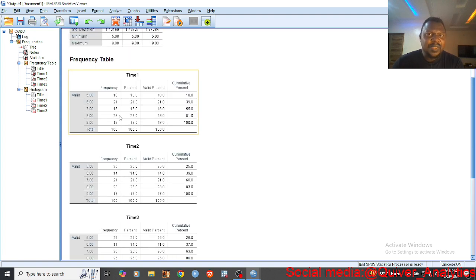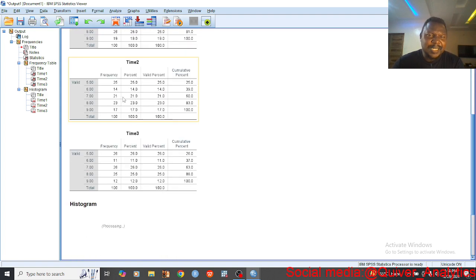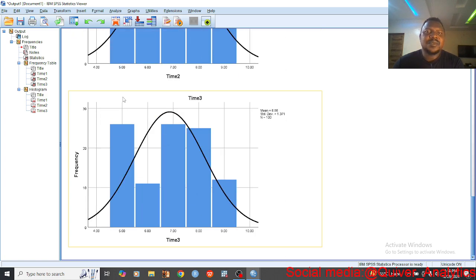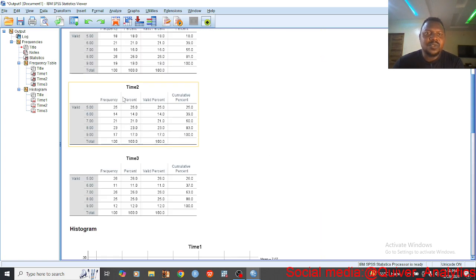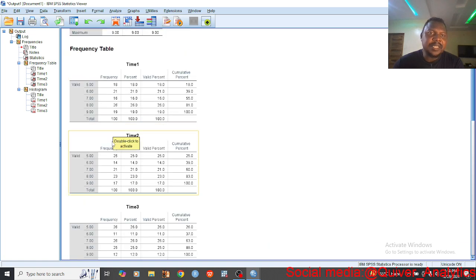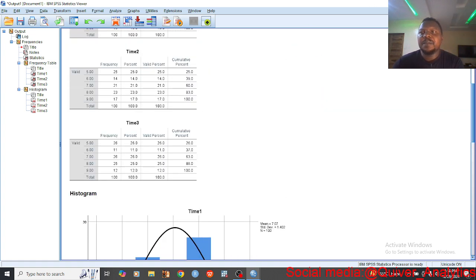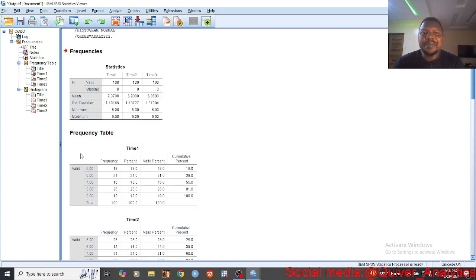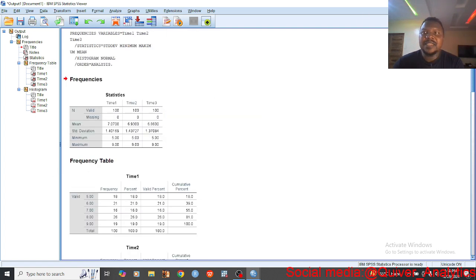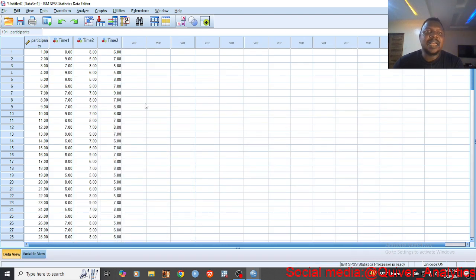All right, okay, so let's see. They are quite normally distributed. Given the numbers that we have between 5 and 9, we really can't say that they are numeric.